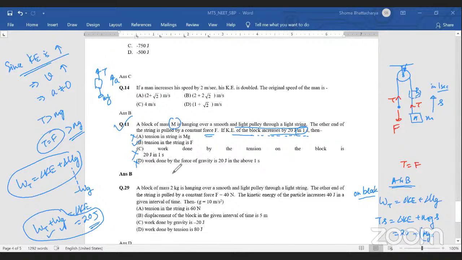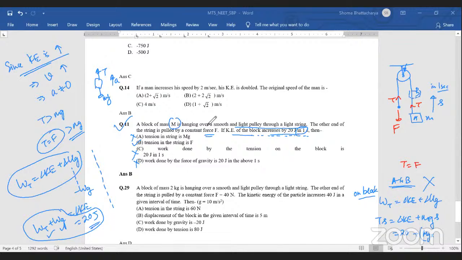Now, because the mass and all is not given, so we cannot calculate anything else over here. Okay, so we will leave out this calculation part, but we can just understand logically by application of work energy theorem that option C and D are wrong. So this is a little bit more tricky type of question, because when you look at the question, you might think that, okay, if they've not given the mass, then how can we calculate?